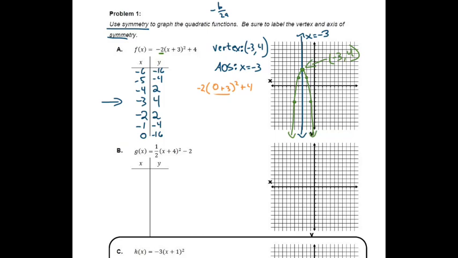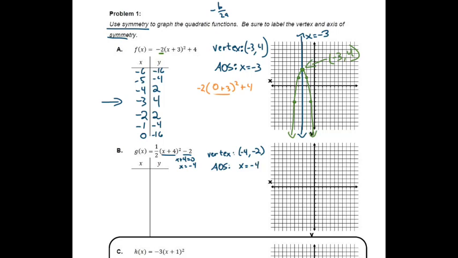Axis of symmetry, or vertex, is again, set that equal to 0, so x plus 4 equals 0. So x equals negative 4. So your vertex is at negative 4, negative 2, which means your axis of symmetry is at x equals negative 4.